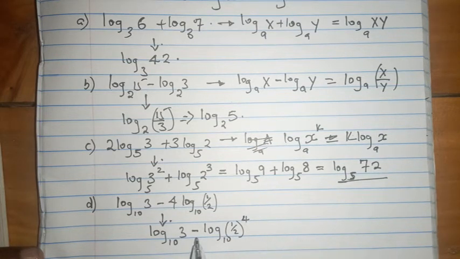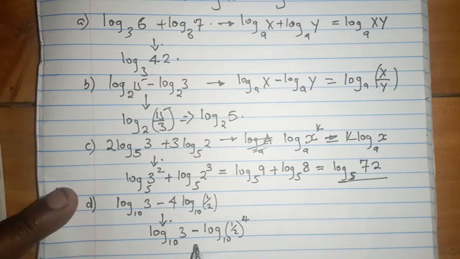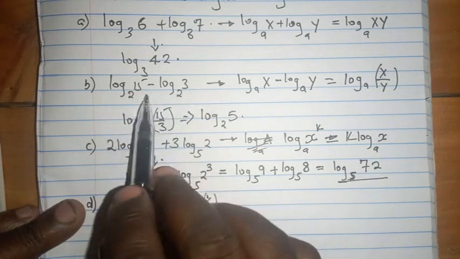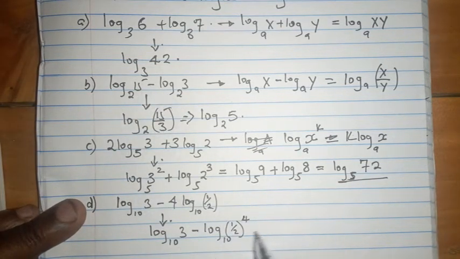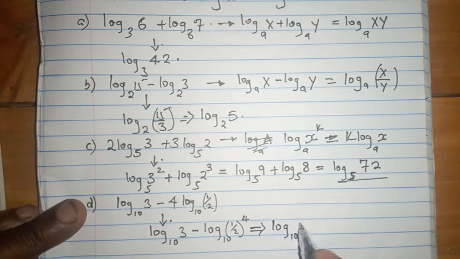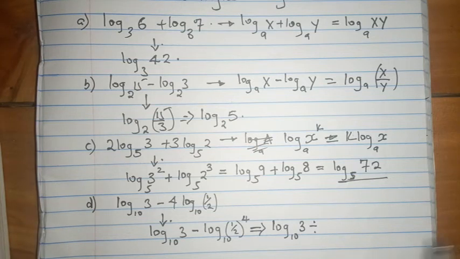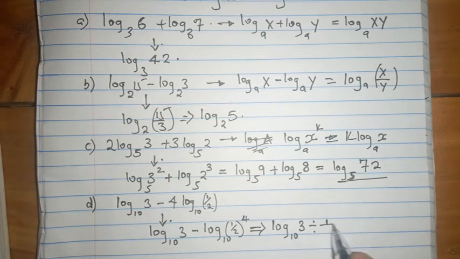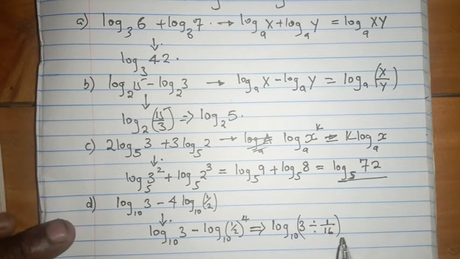But this negative is going to lead us to law number 2, because the base is the same, which says this is the same as log to base 10 of 3 divided by a half raised to power 4. A half raised to power 4 is 1 over 16, so log to base 10 of 3 divided by 1 over 16.